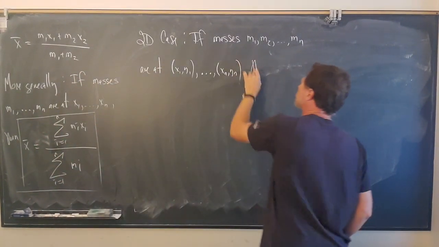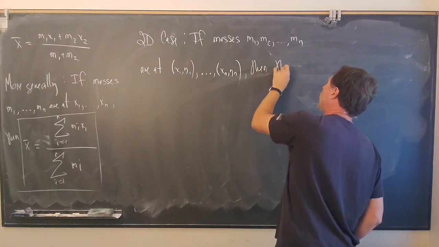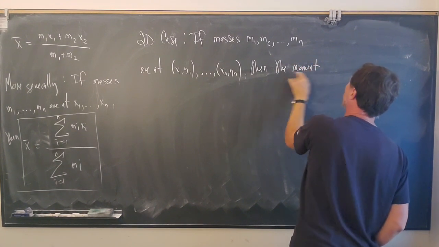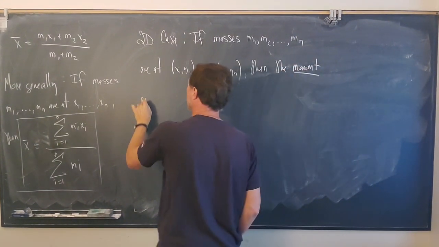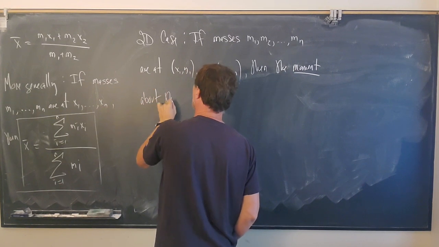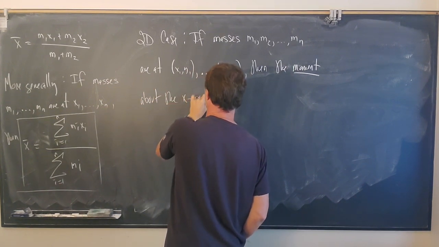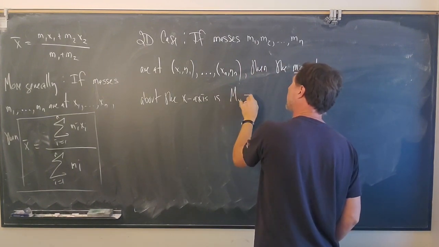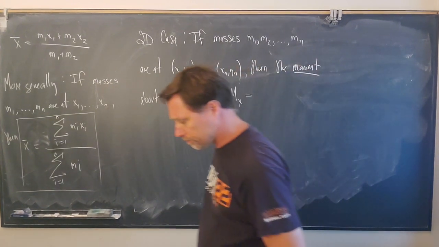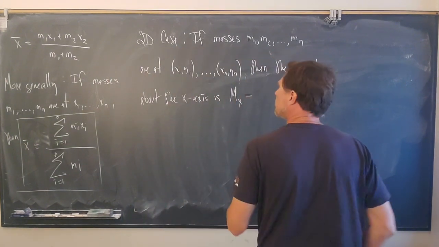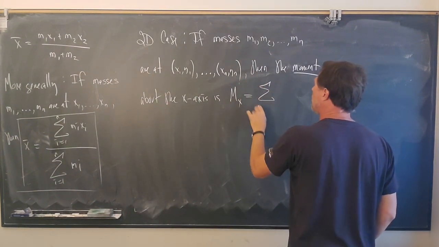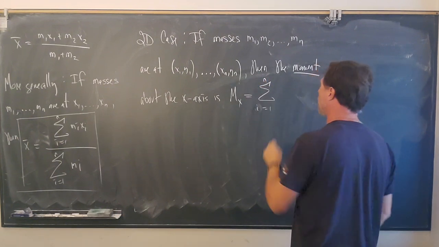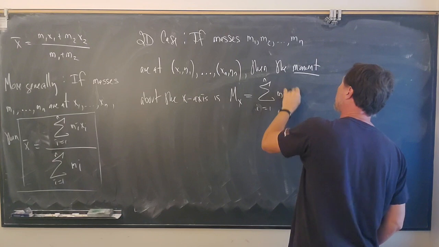Then there's a couple of terms that I want. So then the moment about the x-axis is, and we write this as capital M sub x, and by definition, it is going to be the sum i equals 1 to n of m sub i times y sub i.